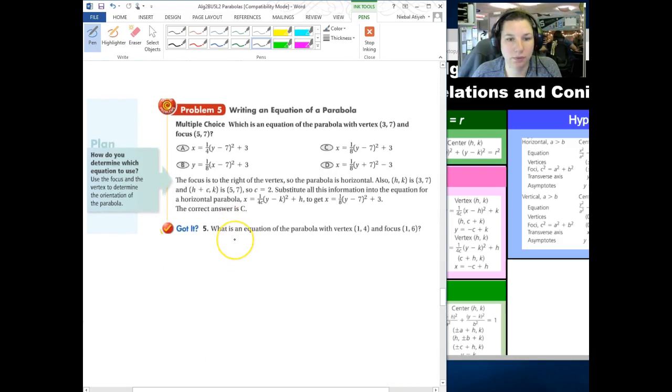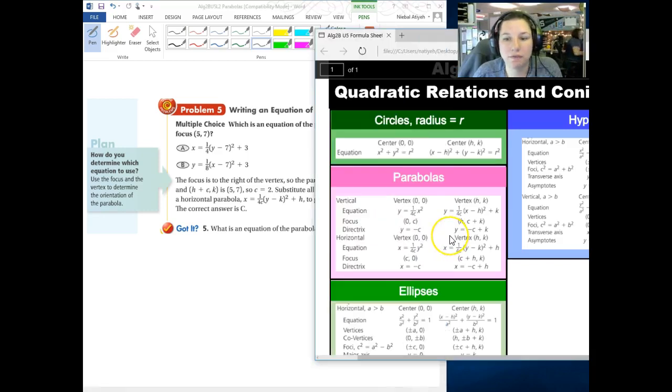Okay, here's our last one, which is an equation of the parabola with a vertex of (3, 7). So again, matching up, our vertex is (h, k). So if this is the vertex, h is 3 and k is 7. And it says the focus is 5c plus k.